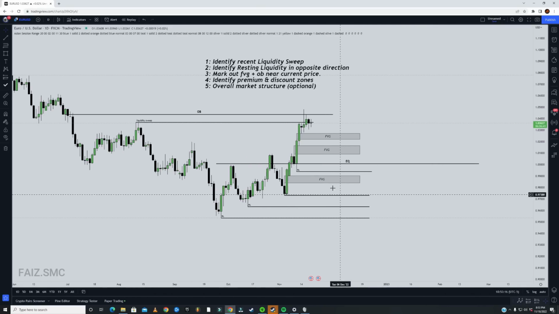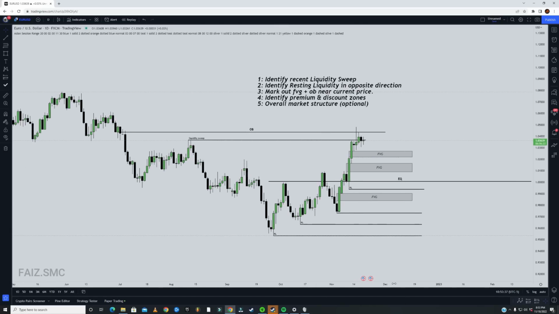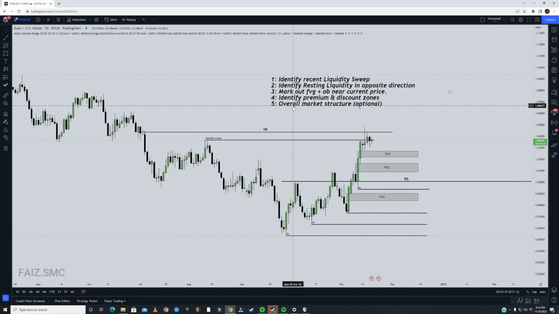So we should be taking long positions whenever price is below the equilibrium, EQ, right? Because when price is below the EQ, it is considered to be in a discounted zone. And when price is in the premium zone, it is considered to be expensive, and you should not be taking longs in this area.